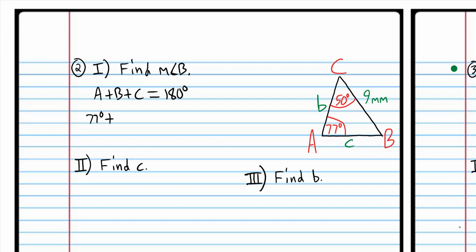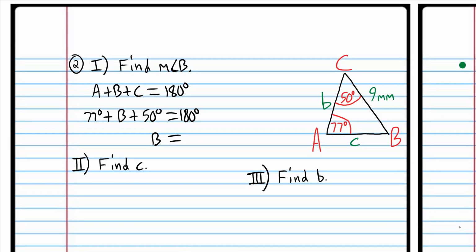The measure of angle B we don't know, and the measure of angle C is 50 degrees. So if you do the math on that, it comes out to 53 degrees. So very quickly, we've already found the measure of angle B.